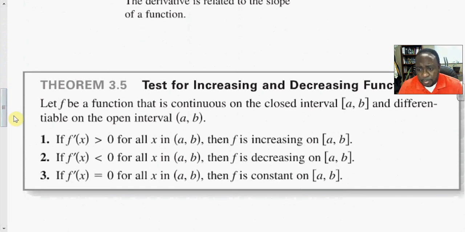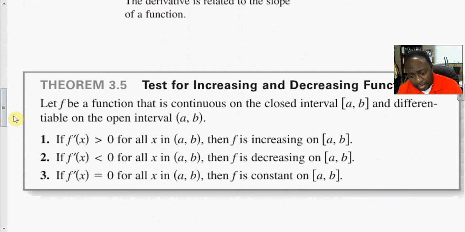The test for increasing or decreasing functions: to see whether the function is increasing or decreasing, check the first derivative. First, we find the critical points, and then from the critical points, we partition the number line, and then you pick values within each interval to test in f prime of x.